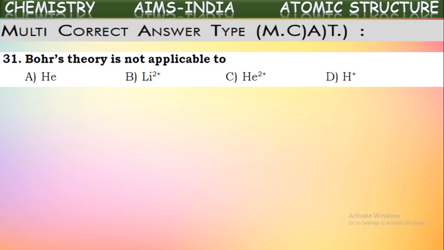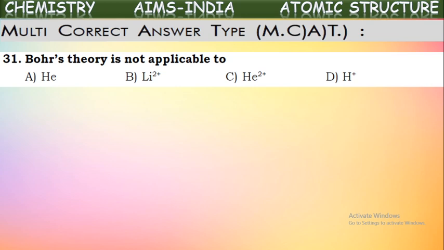Yes, we know Bohr's theory is applicable only for single electron species like hydrogen and hydrogen-like species which are containing a single electron in them. For example, hydrogen atom has a single electron. The He+ ion also contains one electron.